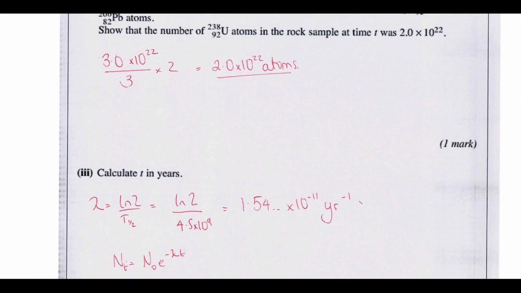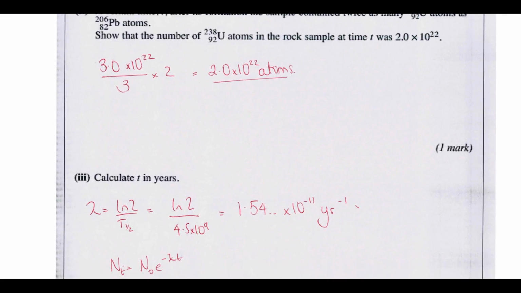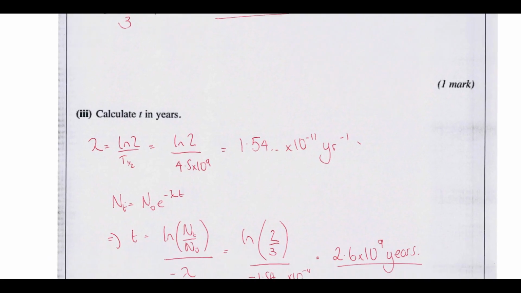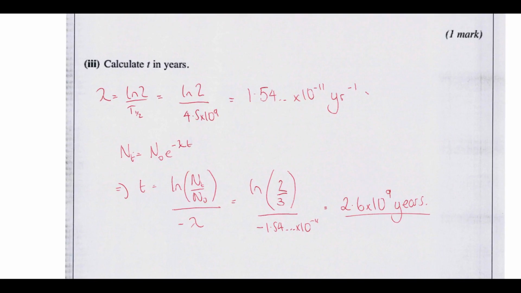So then they want to know how long that actually takes. It said T seconds. The first thing we need to do is work out what the decay constant is, because we're going to be using this equation to work out time, but we need the decay constant. We've got the half-life, so I've worked out the decay constant in years to the -1, because we want the answer T in years.